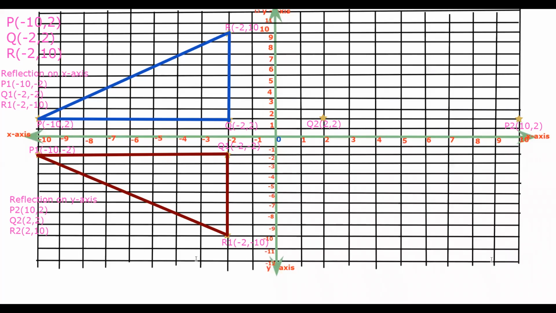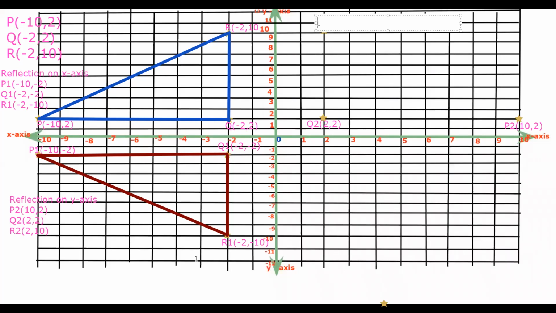So positive 2 and then positive 10. And that will also be here. Positive 2 and positive 10 will also be here. Okay. And the name is what?